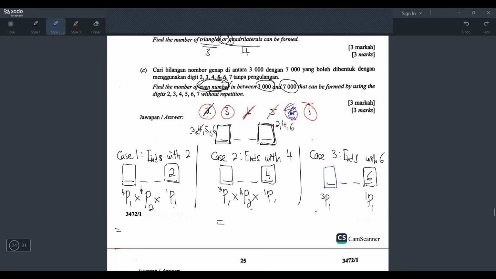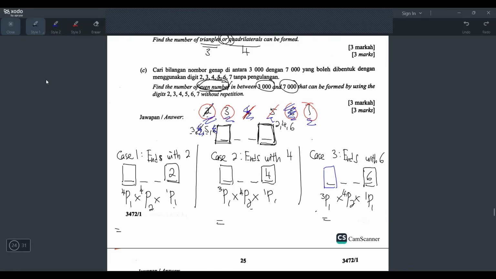Because the 6 is taken by the last digit, it's either 3, 4, 5. And let's assume the 4 goes in here. So you will be left with 2, 3, 5, 7, right? And this 4 digit, you will choose another 2 digits to go in the middle here, and then multiply, right?